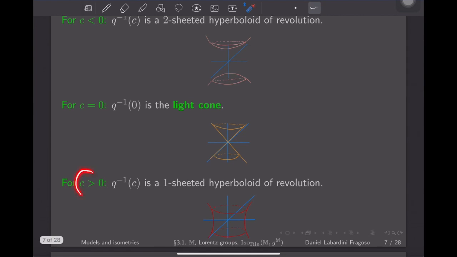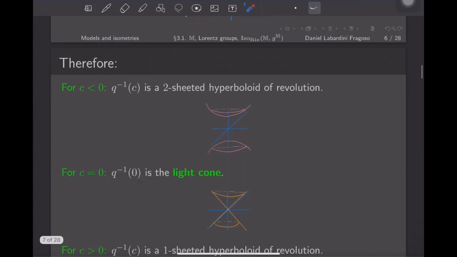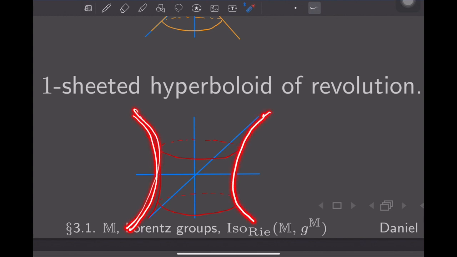And for C positive, you really get this one-sheeted hyperboloid, right? The point is that the hyperbola here, when I rotate it, maps precisely onto the other sheet.